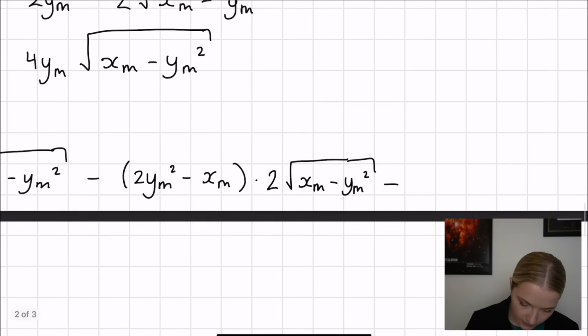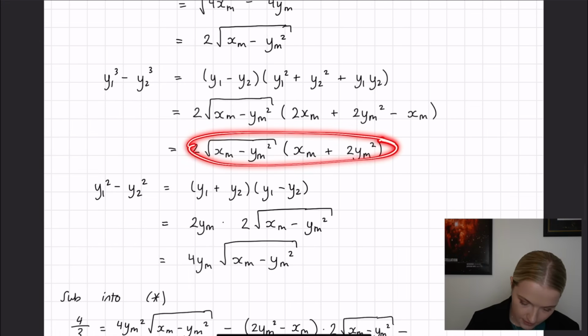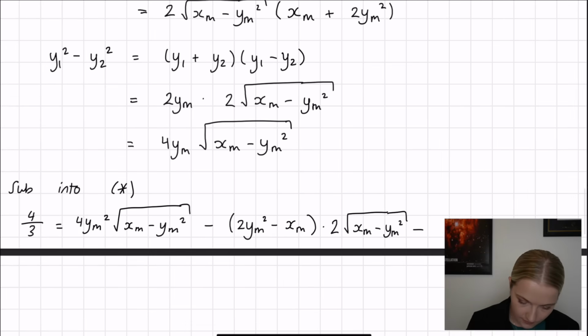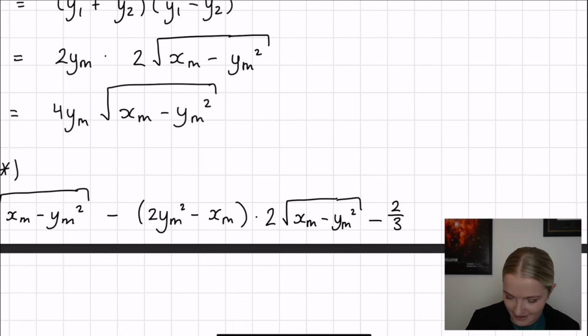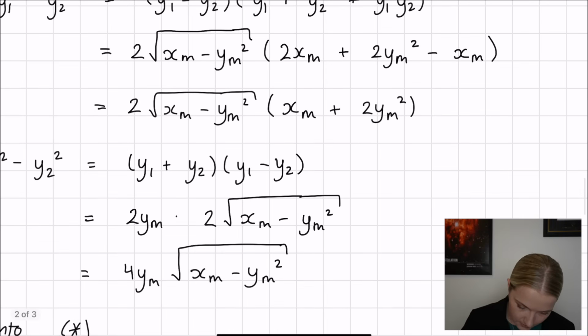And then we would essentially just take this entire expression here, just multiplied by a third. So here we'd have minus 2 over 3 xm minus ym squared, all multiplied by xm plus 2ym squared. Yep.